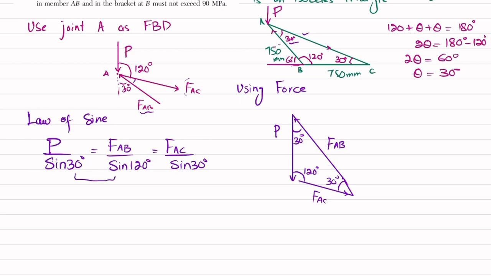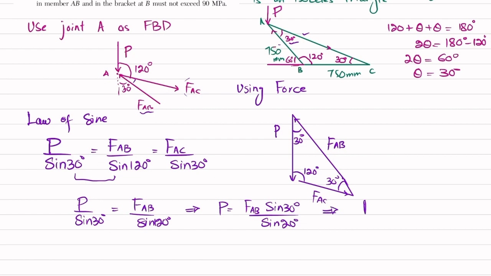If you equate the first two, P divided by sine of 30 degree is equal to FAB over sine of 120 degree. From here you will get P equal to FAB into sine of 30 divided by sine of 120 degree, which gives P equal to 0.57735 times FAB. So this is one formula for P.